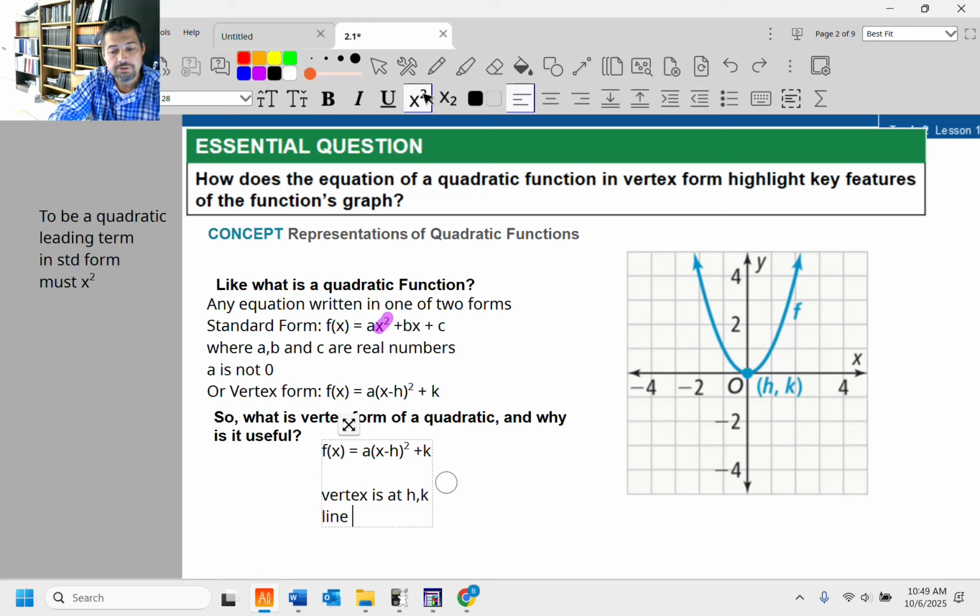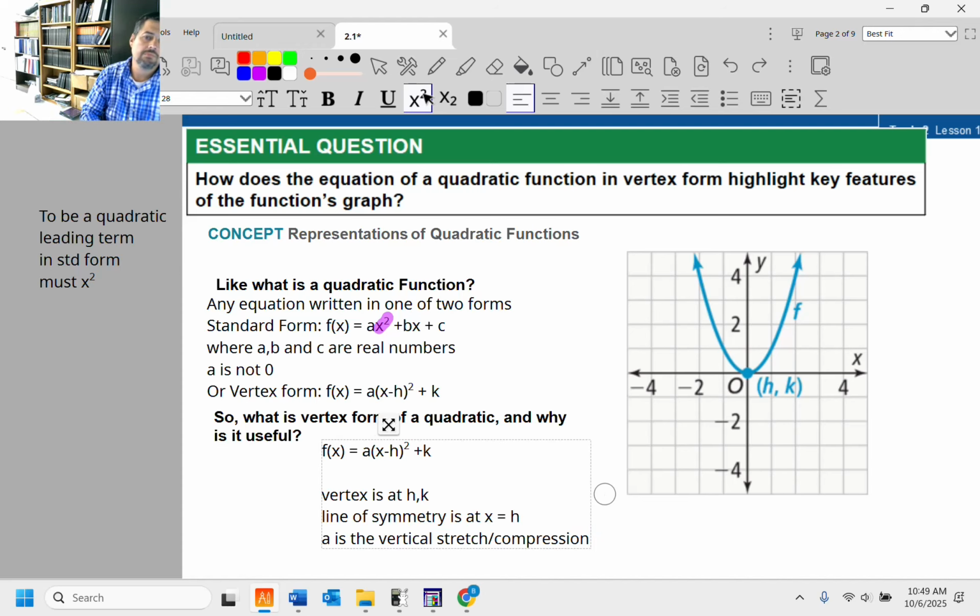Your line of symmetry, which I'll talk about, if I can spell symmetry, is at x equals h. And what else? a is the vertical stretch or compression. And here's the other big thing. It is the easiest form to graph. That's its big deal. It is literally the easiest form there is to graph.